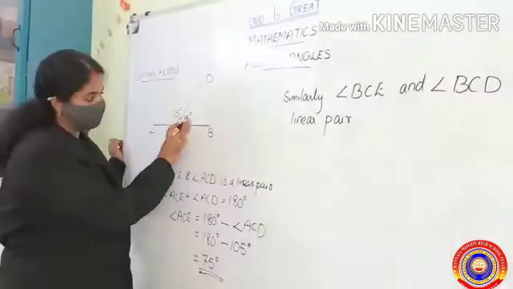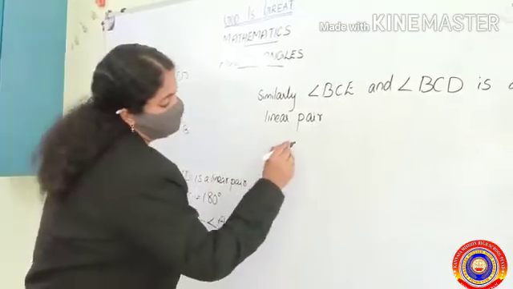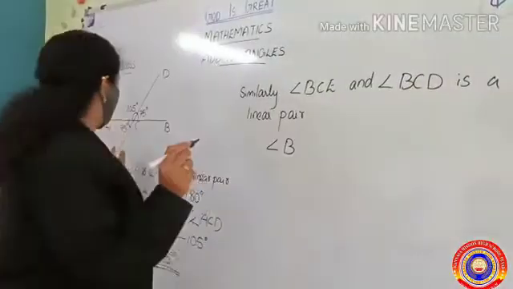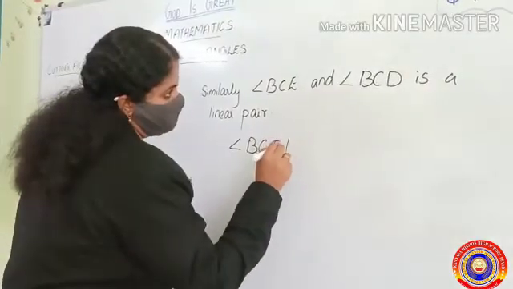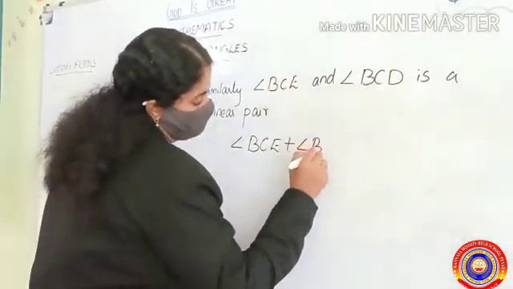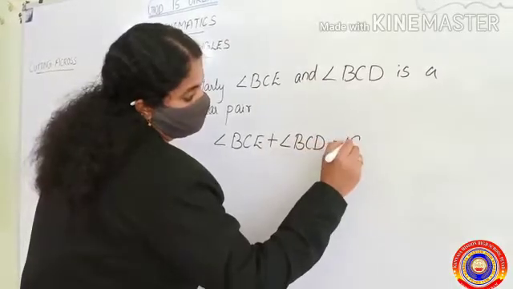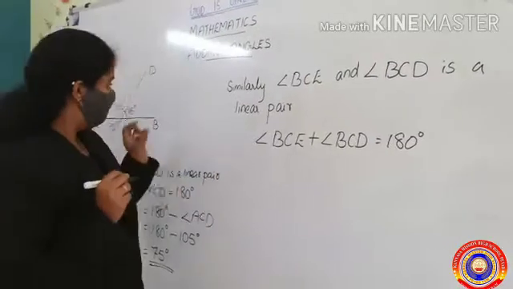Then angle BCE plus angle BCD is equal to 180 degree.